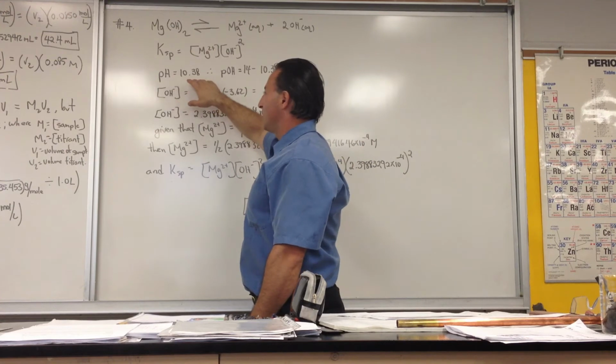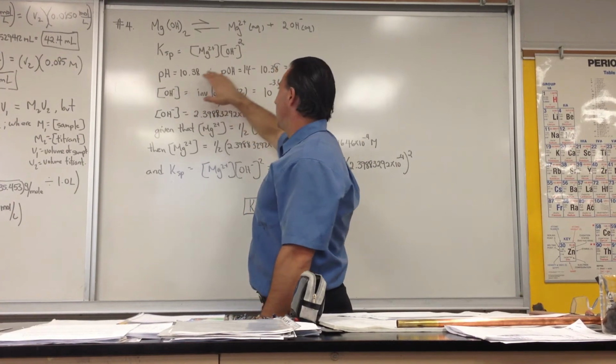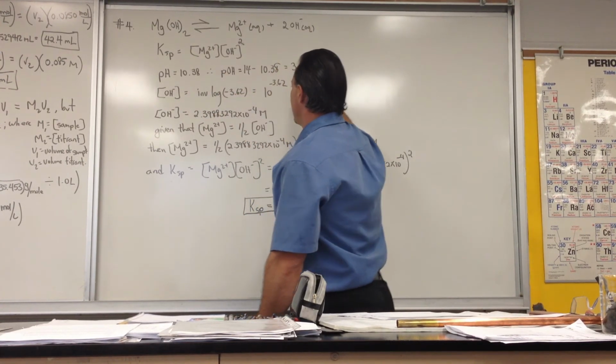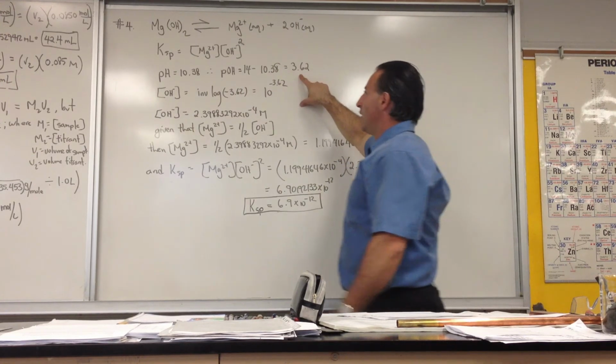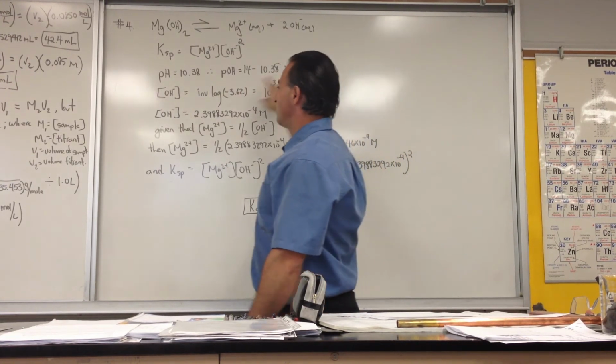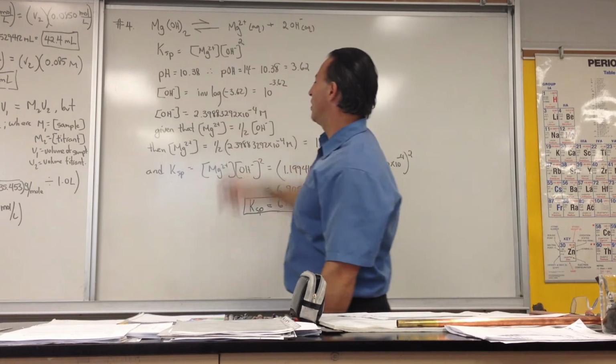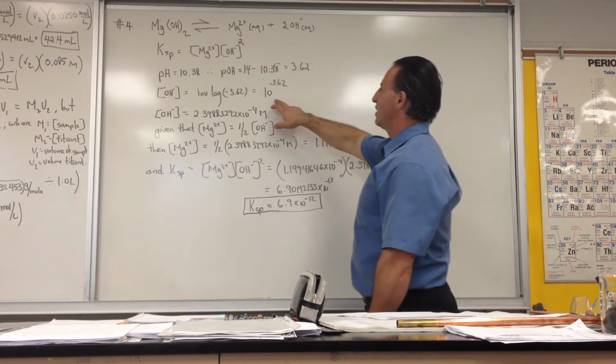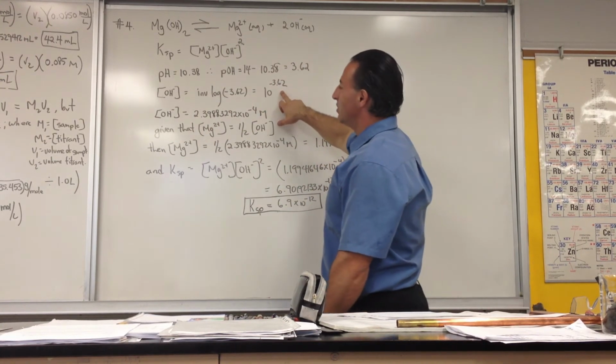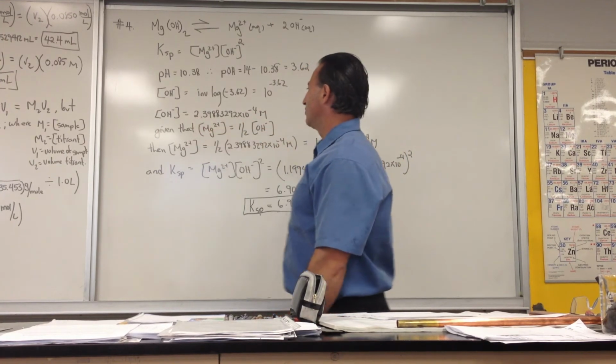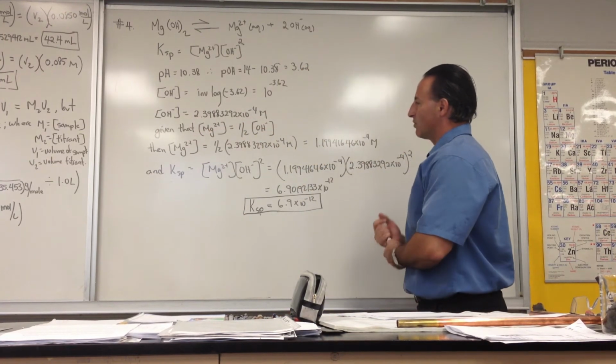The pH we're told is 10.38, so we can find out the pOH by subtracting it from 14. So we get pOH of 3.62. From the pOH, you can find the OH minus concentration by taking the inverse log of that number, which is equivalent to raising 10 to the power of negative 3.62. You get a hydroxide ion concentration of roughly 2.4 times 10 to the minus 4 molar.